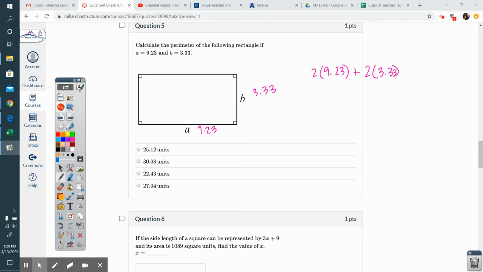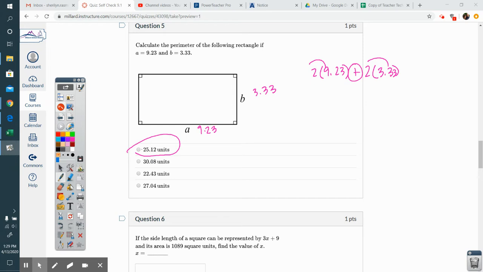And you can just plug that right in the calculator, because the calculator will complete the multiplication first and then the addition because of order of operations. So the calculator knows to multiply those before it does the add. So you get, in the end, 25.12.